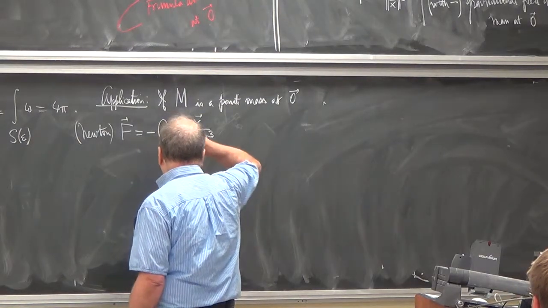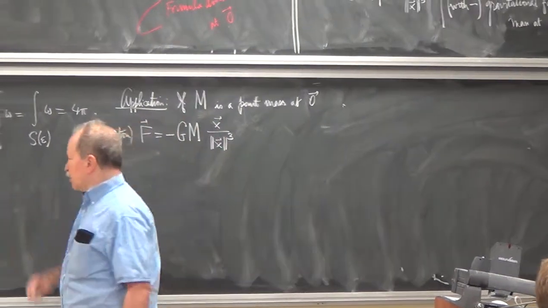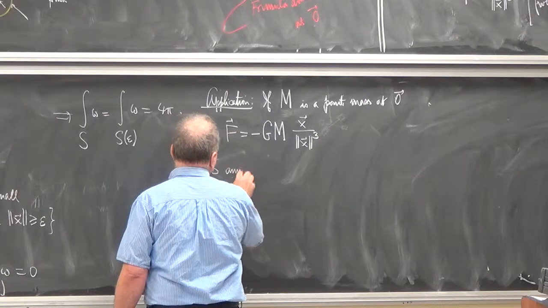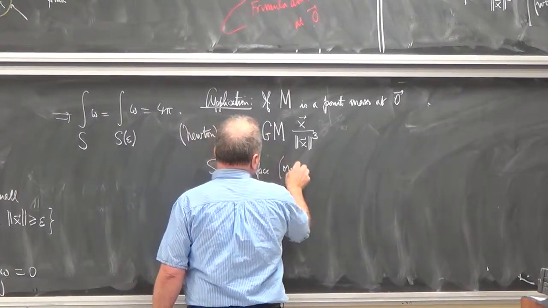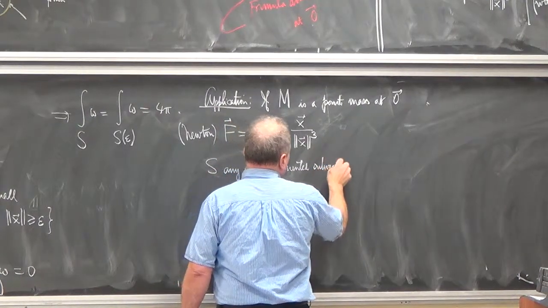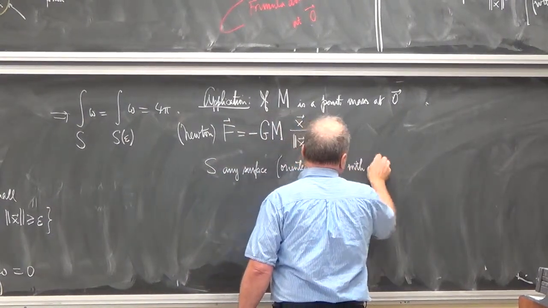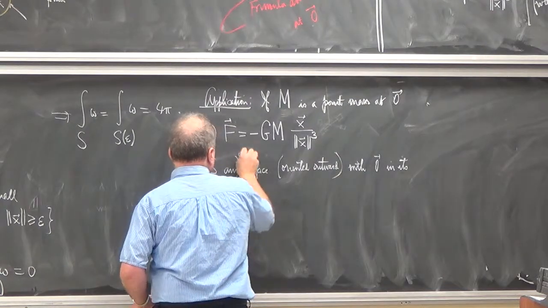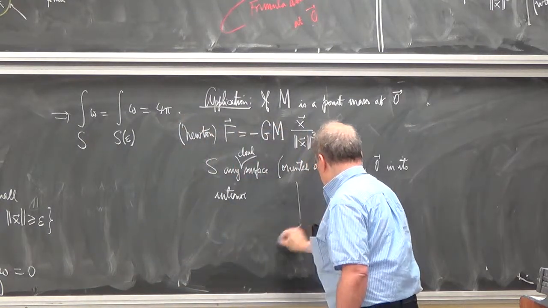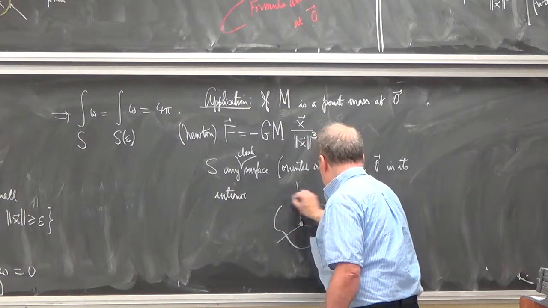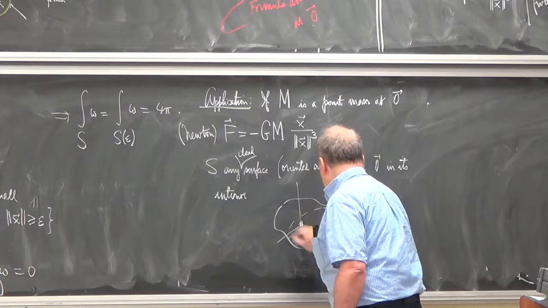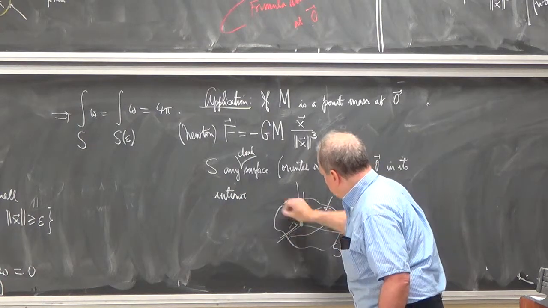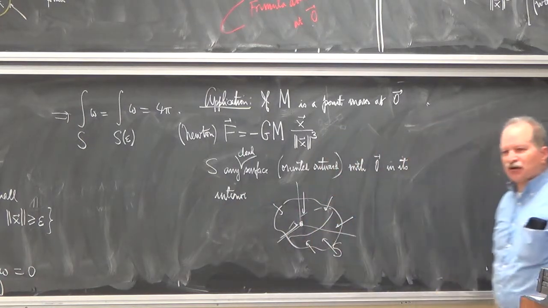Okay, so what does Gauss's law tell me? It tells me that if I take S, any surface oriented outwards with the origin in its interior, so I'm in a closed surface here, a region that contains the origin, and I take the boundary of that region and ask, what's the flux of the gravitational field across that surface?